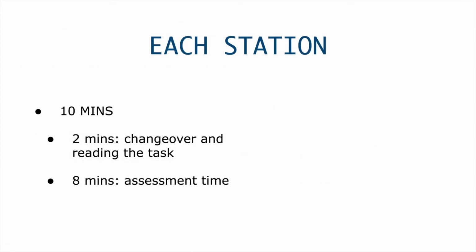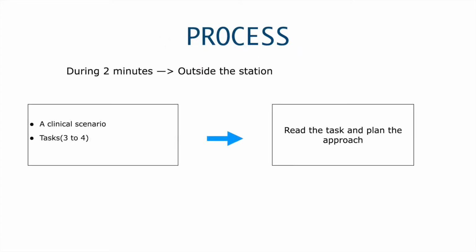Each station is going to be a total of 10 minutes, in which the initial 2 minutes is for you to change to the next station and also read the task. And the next 8 minutes will be your assessment time. So in the examination, during the first 2 minutes, you will be standing outside your given station. There's going to be a screen in front of you where you can read your question.